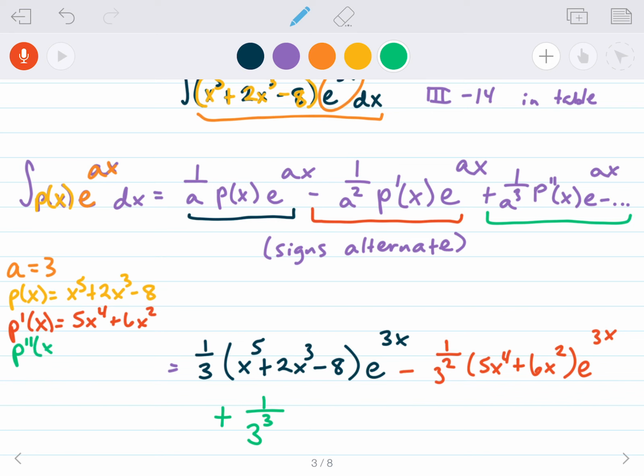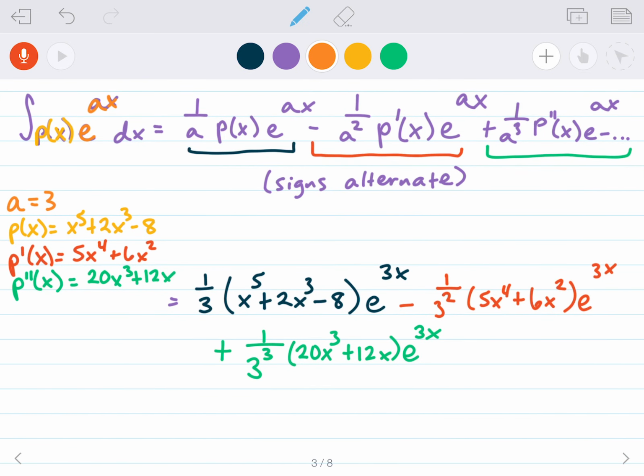We take the derivative again. So the derivative of 5x to the 4th plus 6x squared using the power rule is 20x to the 3rd plus 12x. Put that in parentheses. And again, times e to the ax, e to the 3x. All right, so signs alternate, and we keep going in this pattern.